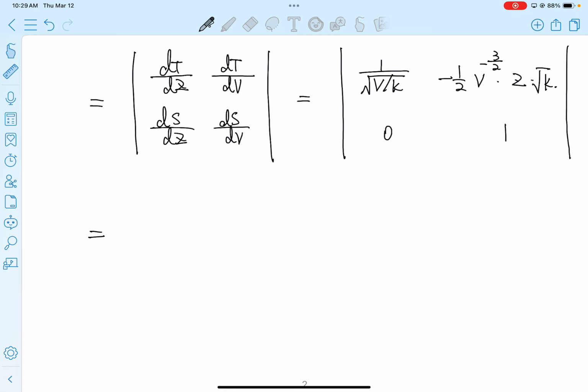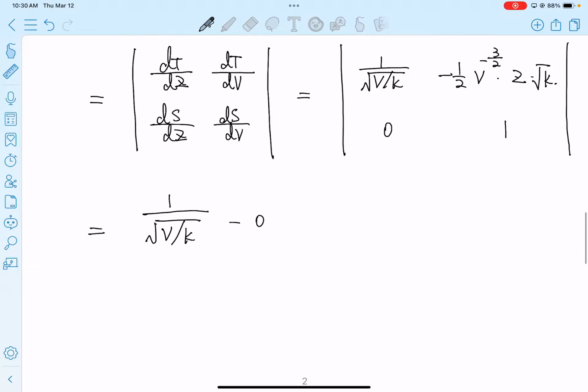So you only have one term left: 1 over v divided by k square root, minus a 0. So you have a multiplied by d minus b multiplied by c, where you have the 0 involved, so regardless of that formulation, I just remove it. And let me also write this by taking the inverse, so you have the k over v squared.